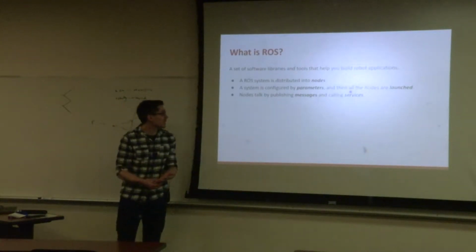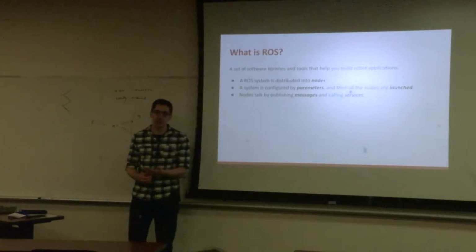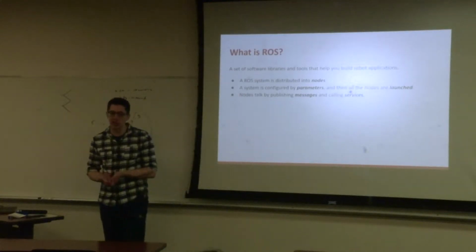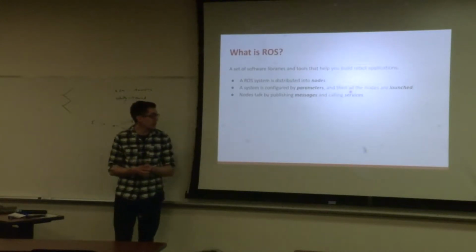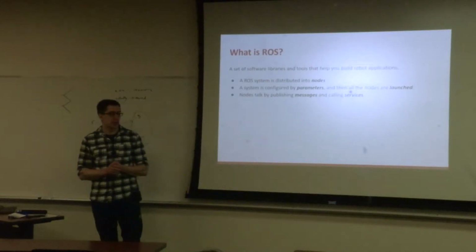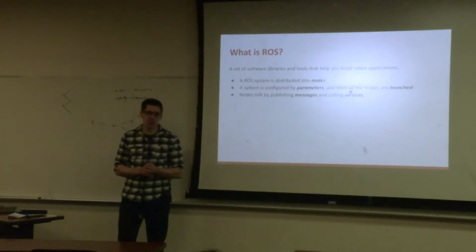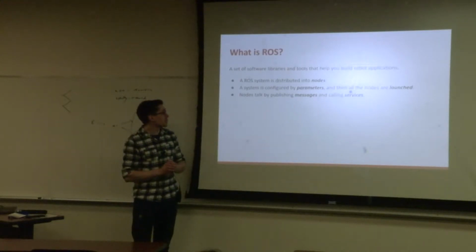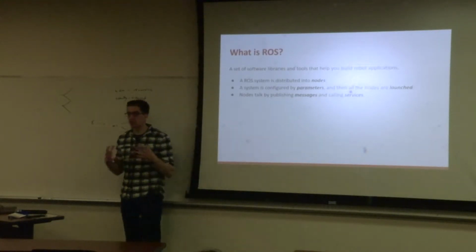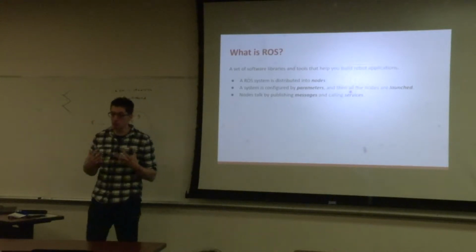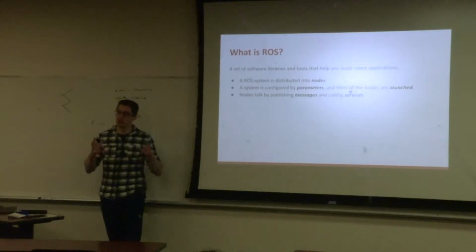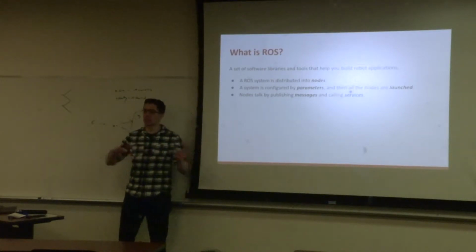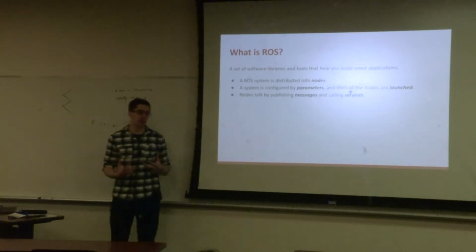Okay, so ROS is, as I said, a middleware. It's a set of software libraries that help you build software for robotics. The way in which a ROS system is built is as a collection of nodes. Each ROS node is a process that should perform some kind of function. And these can be distributed amongst different computers, or they can be centralized.